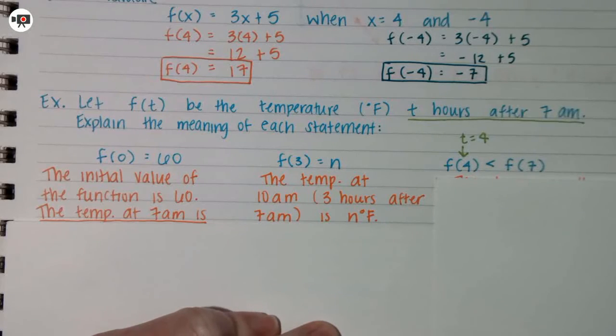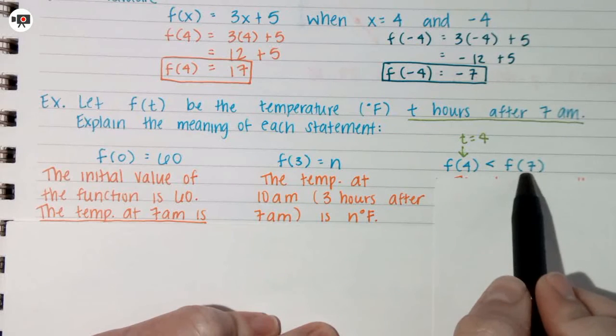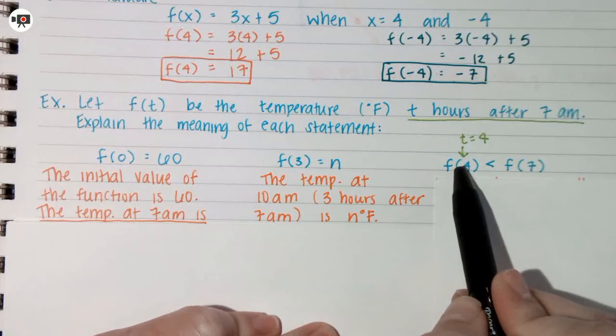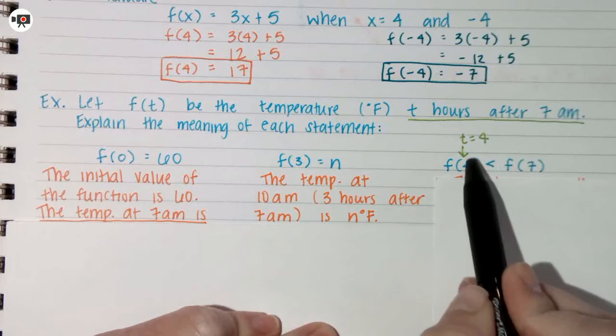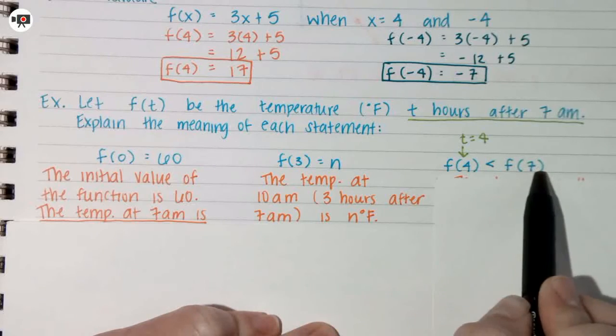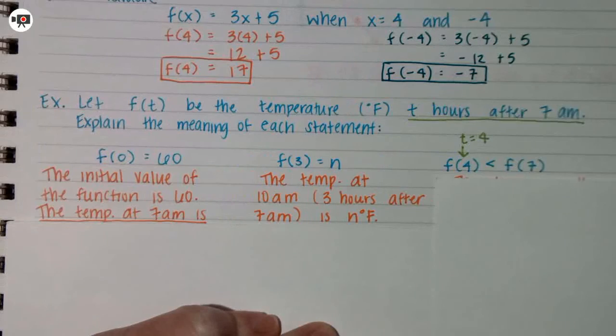Then the last one says f of 4 is less than f of 7. So this means t equals 4 here. So 4 hours after 7, the temperature is less than the temperature 7 hours after 7.